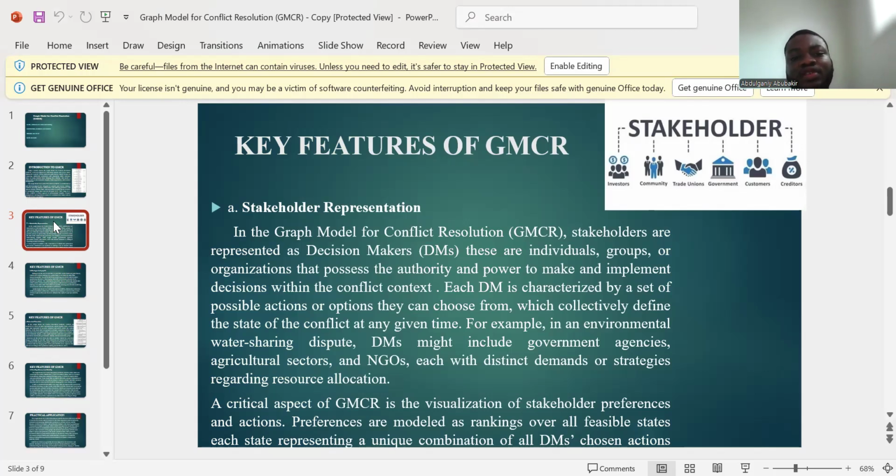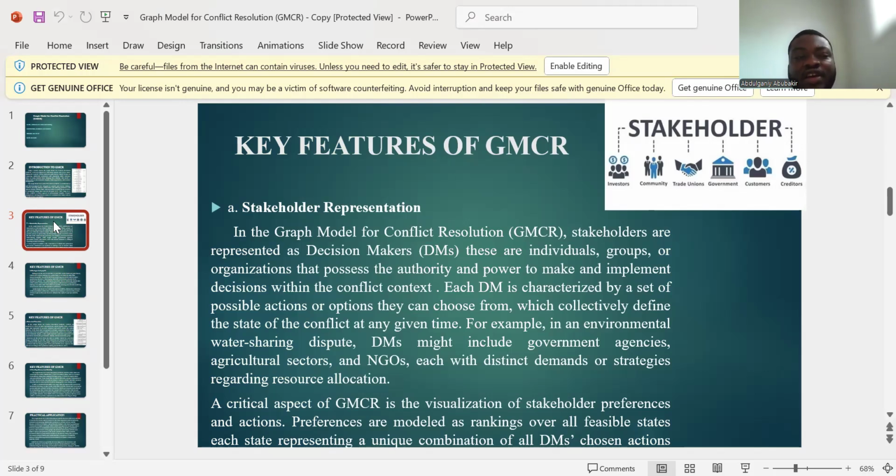So when we talk about stakeholder representation, stakeholders are the decision makers, as I mentioned earlier, and they have the power and authority to implement, to take decisions when it comes to conflict.